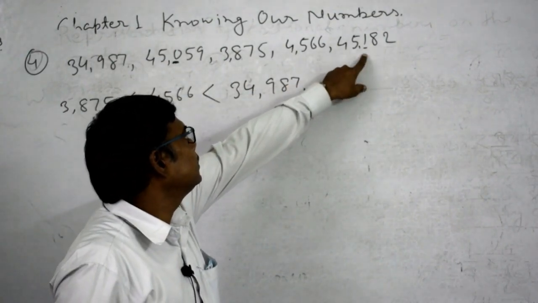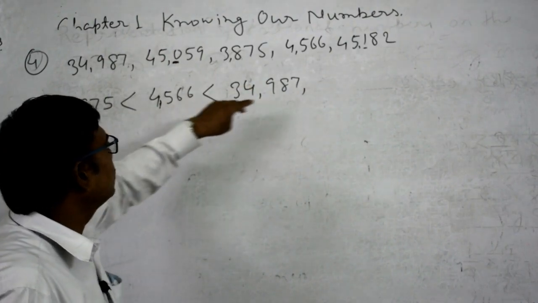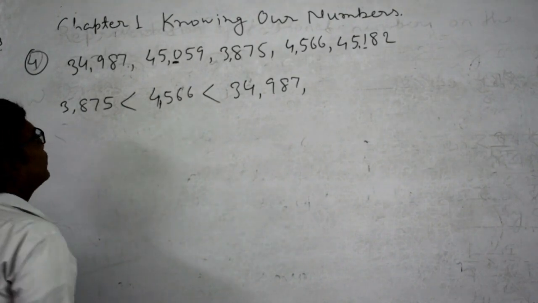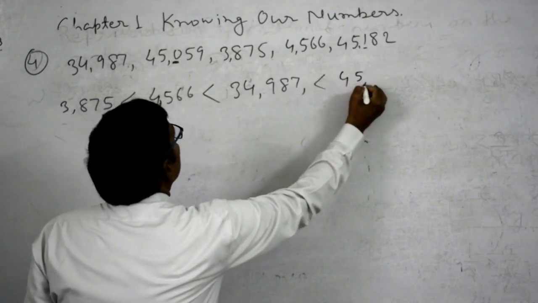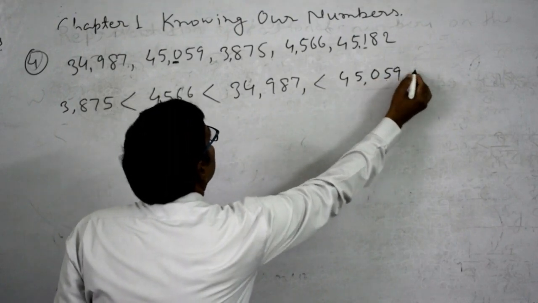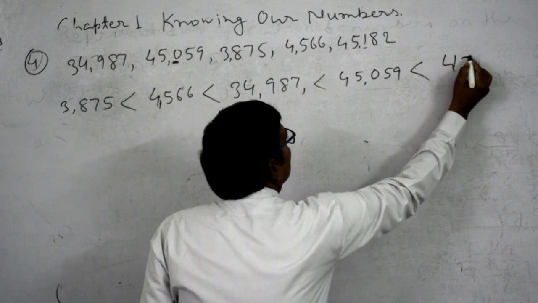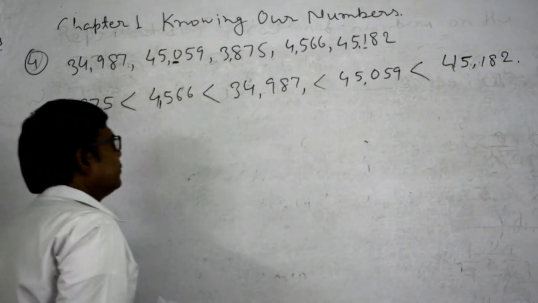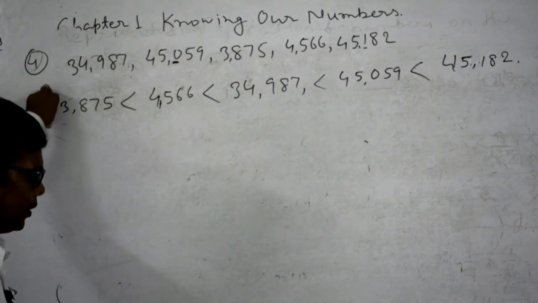So 1 is bigger than 0 and both are at the hundreds place, therefore this number will be larger than this number. So this is smaller, means we will write here 45,059, and the greatest one is 45,182. So this is the arrangement of the given numbers in the ascending order.